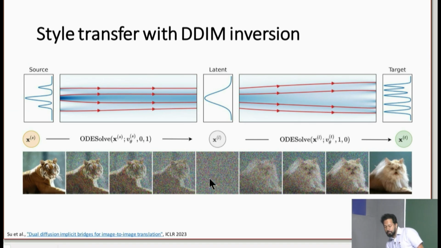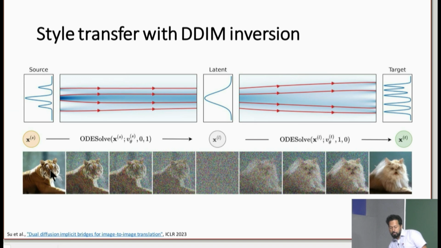But then from here onwards, if you have some class condition as well, which is cat, let's say, it will take something from the noise embedding, and with the class condition that you are trying to generate a cat, it will generate the cat, but it will preserve the overall thing, right?